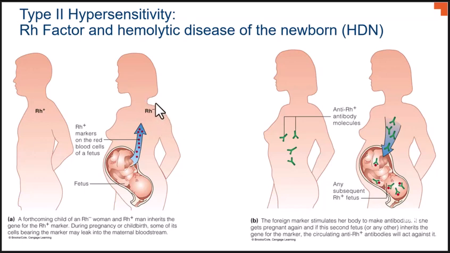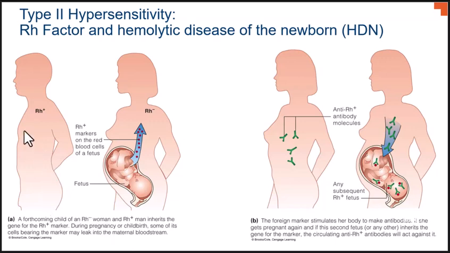And you might also recall from first year anatomy that if we're born with negative blood, we don't naturally have the Rh antibodies in our plasma. And that's relevant when we talk about hemolytic disease of the newborn.